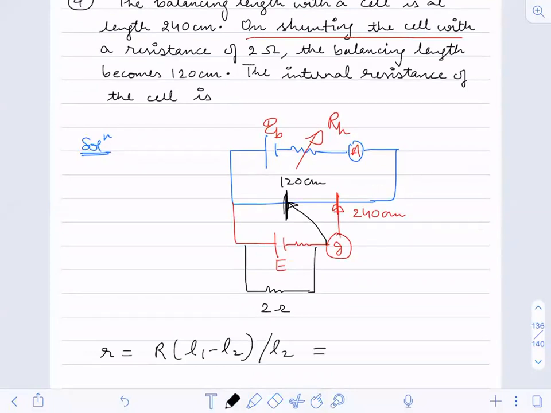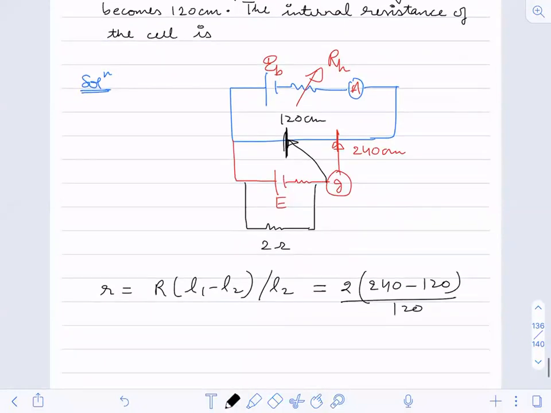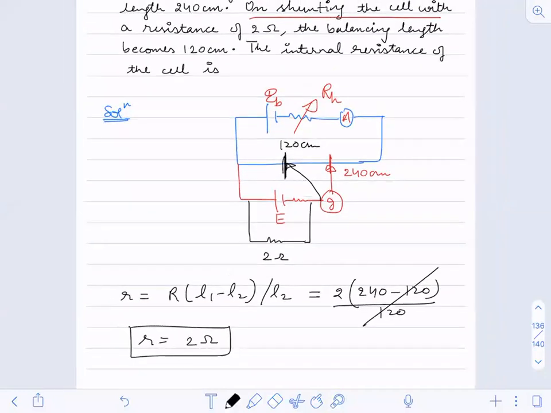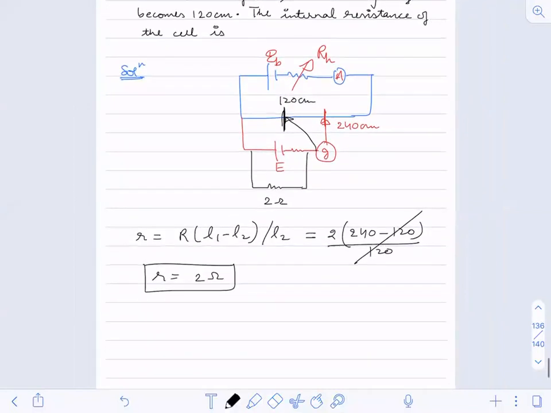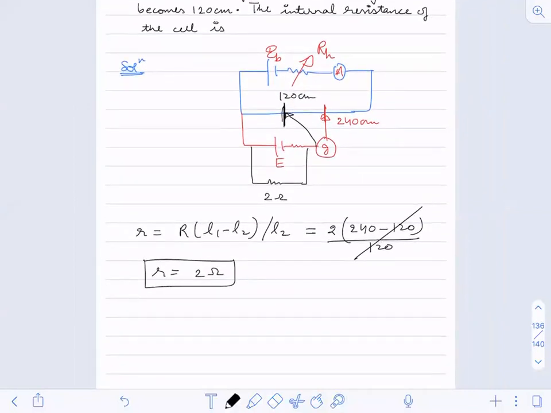So R is 2, L1 is 240, minus 120, divided by 120. So the r value will now become 2. So the internal resistance of the cell is 2 ohms. I hope you understood this sum also.